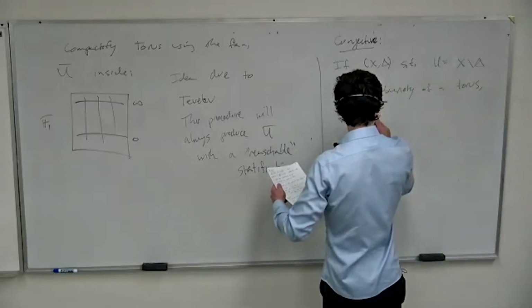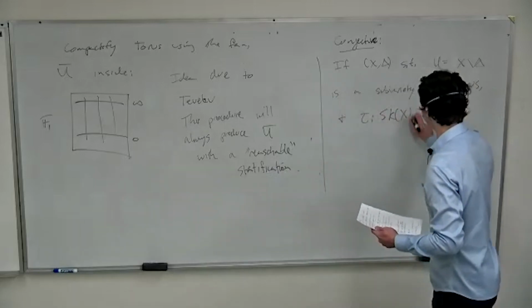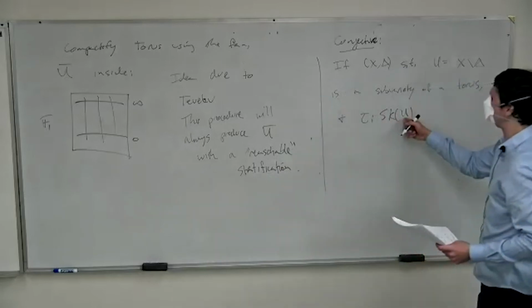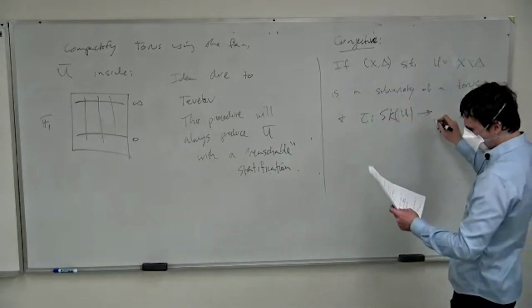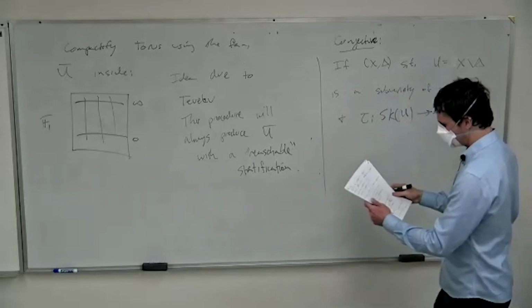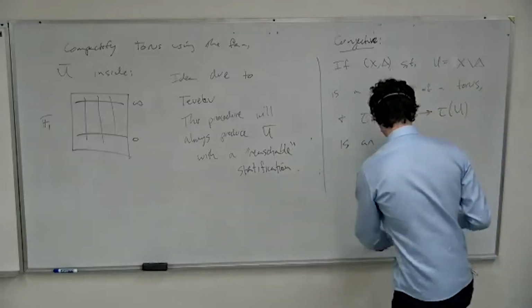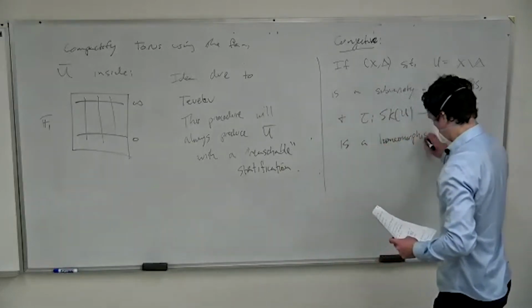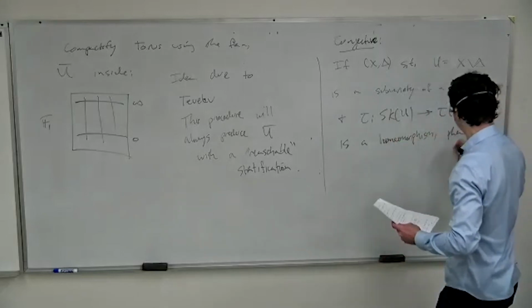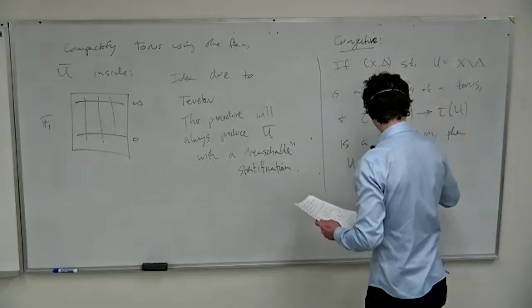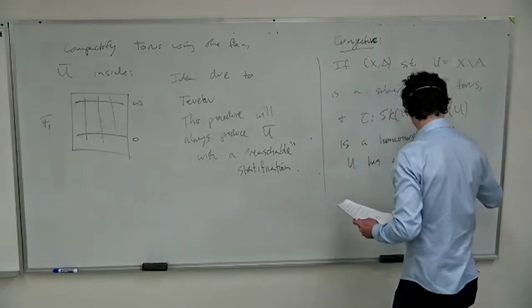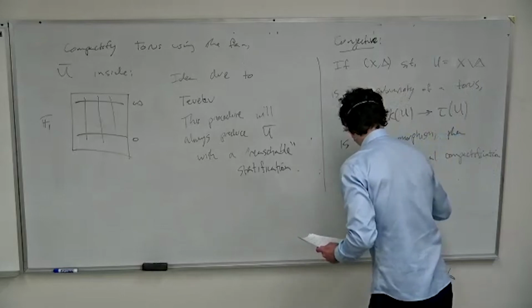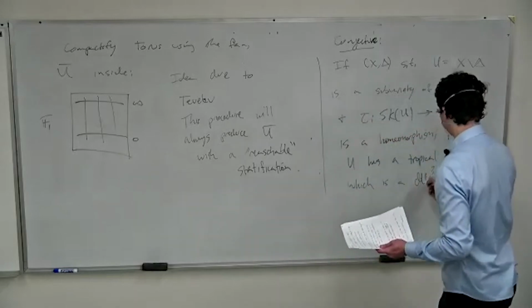And if I take the tropicalization map restricted to the essential skeleton of U, equivalently of the pair x delta, and this map to the tropicalization of U is an isomorphism, or let's say a homeomorphism is probably better, then U has a tropical compactification which is a DLT, or some singularity condition.